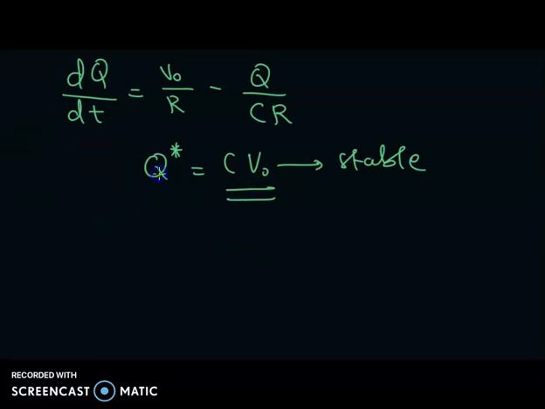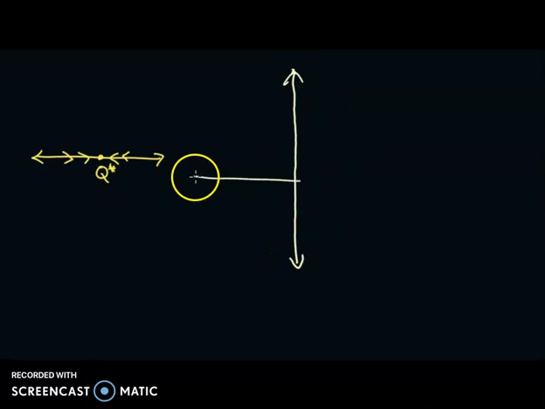Let's see more graphically. We have seen that the equilibrium point was q star, and this was stable, approached from both sides. So now let's draw the behavior of q of t over time.